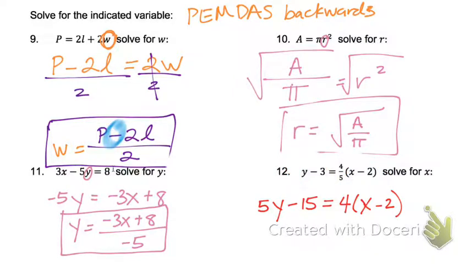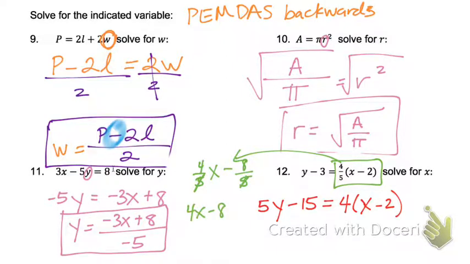If you distributed this, like doing that extra step, it would be 4/5 x minus 8/5. And then when I multiply it by 5, these just go away and I get 4x minus 8. When I distribute this out, I also get 4x minus 8. So this fraction is just that fraction factored out. It applies to the x and the 2.